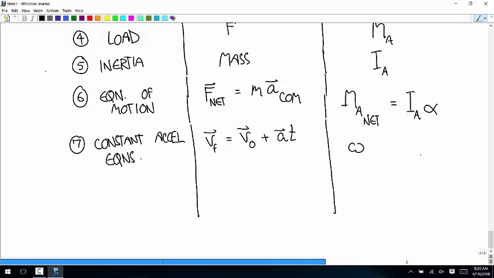If you have constant angular acceleration, then omega final is equal to omega 0 plus alpha t. For translational, P final vector is equal to P initial plus V initial times time plus 1/2 A t squared. And so what does the angular one say?